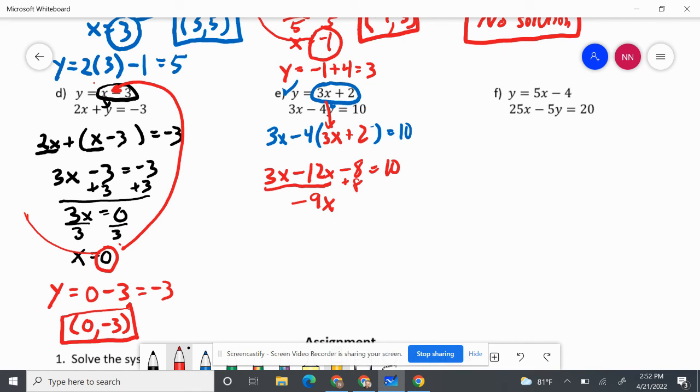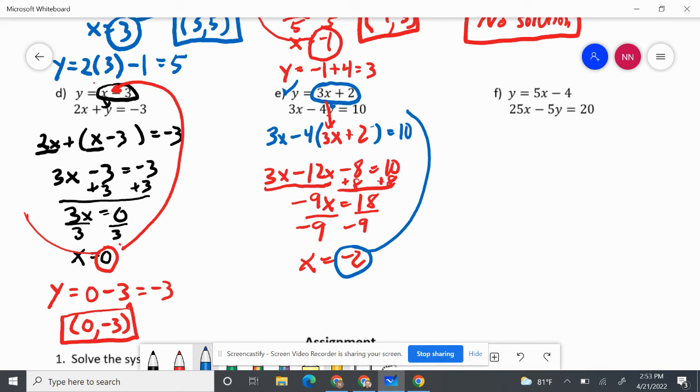I'm going to add the 8, so it's equal to 18. Then I'm going to divide by negative 9, and I get x is equal to negative 2. So I'm going to take the negative 2 and replace the x with it. So I have y equals 3 times negative 2, plus 2. 3 times negative 2 is negative 6, plus 2 gives me negative 4. So I have the ordered pair negative 2, negative 4.